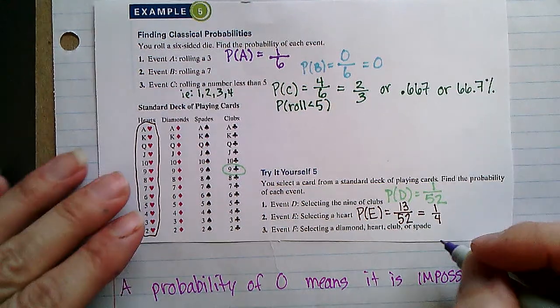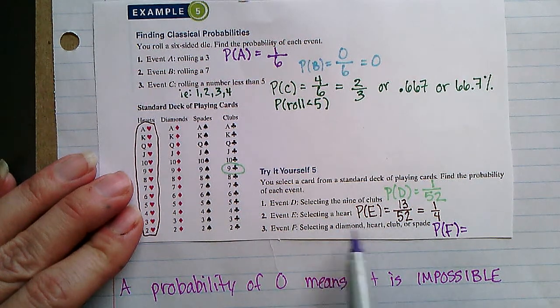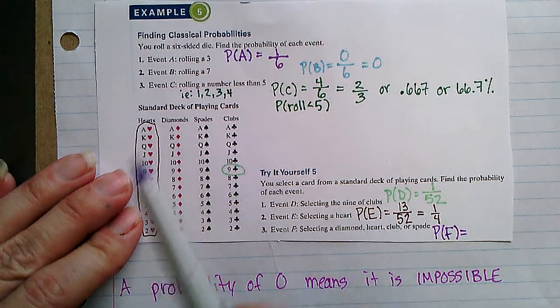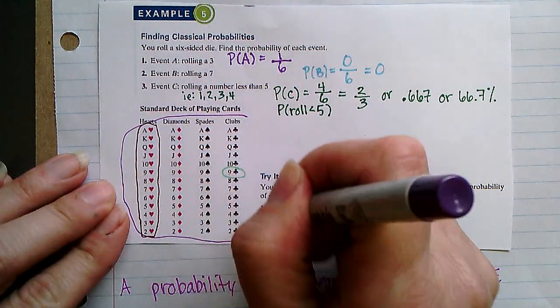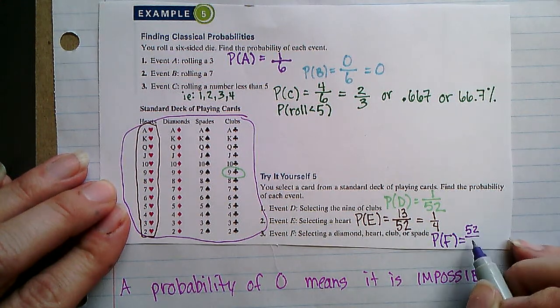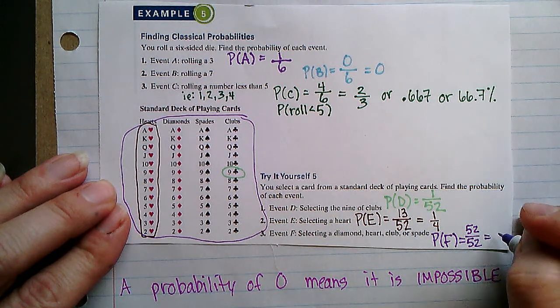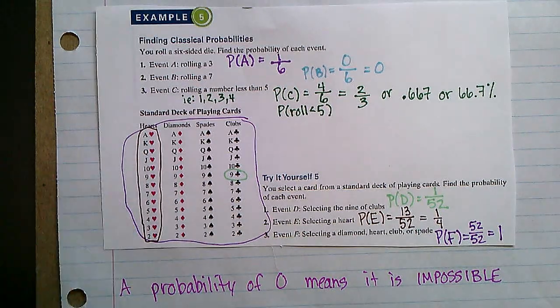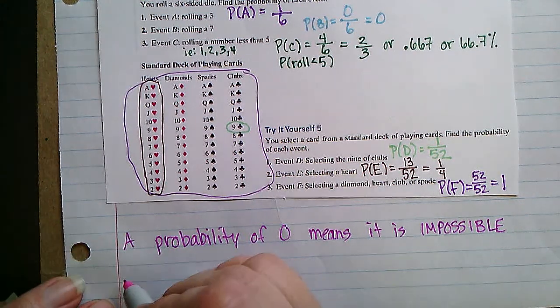And then event F, which is selecting a diamond, heart, club, or spade. Well, that would be all of these cards here. So there are 52 outcomes that pertain to that event and 52 outcomes in the sample space. So when we simplify that, we get a probability of 1. So let's add that onto our information down here.